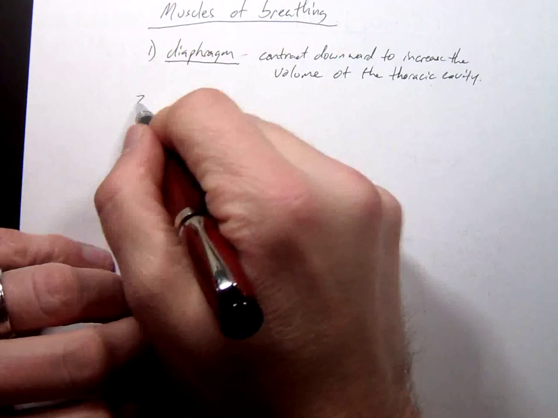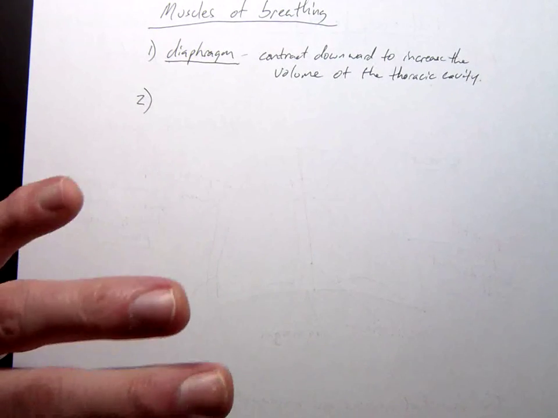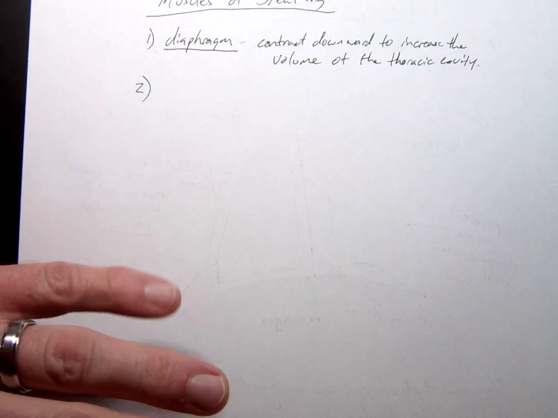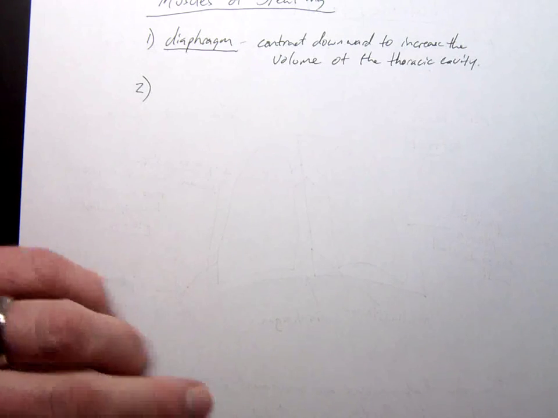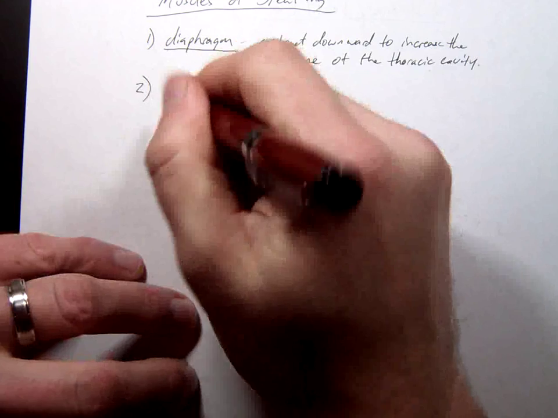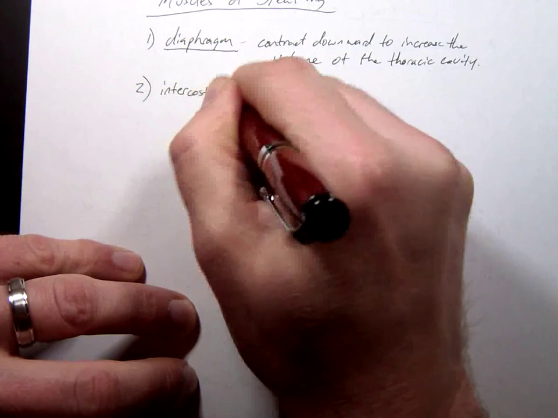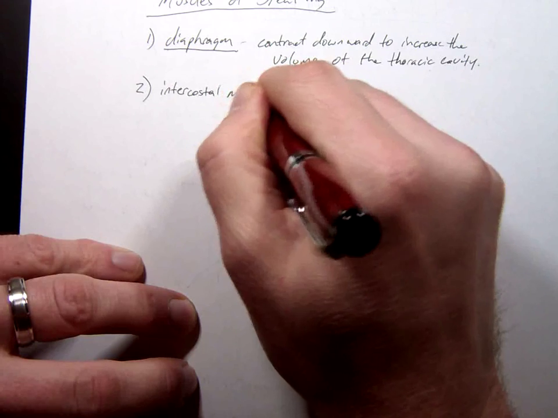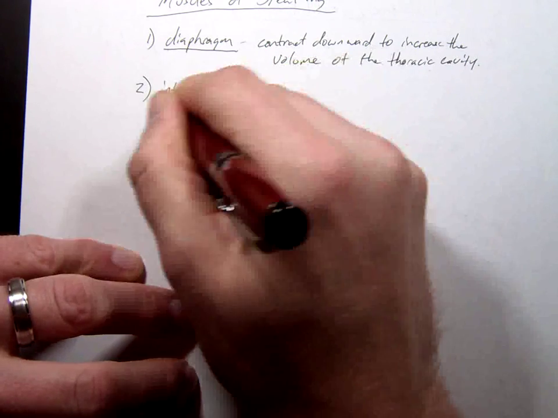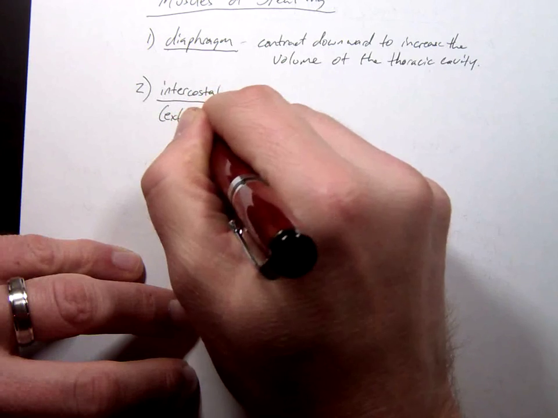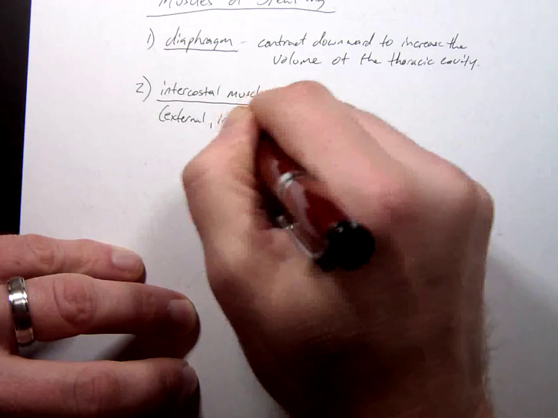Now, we have two sets of muscles that you have to think opposite to understand how they work. And if you remember it that way, you won't forget it, okay? They're called intercostal muscles. We have external and internal.